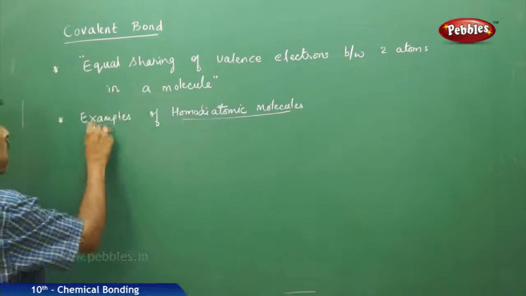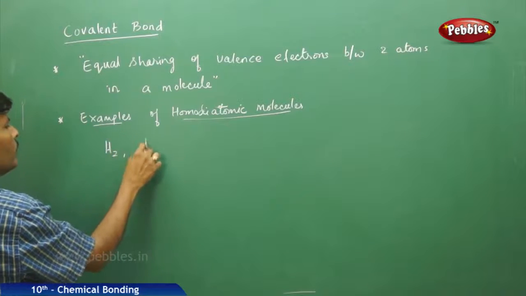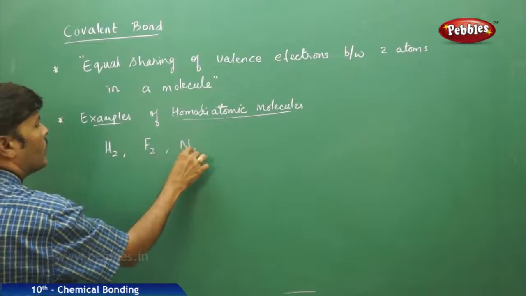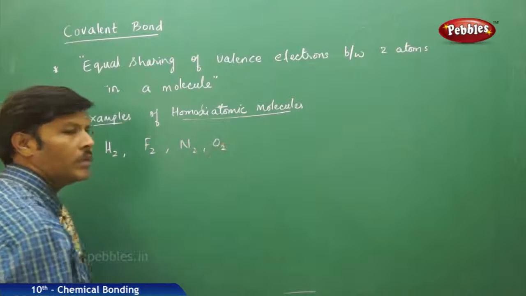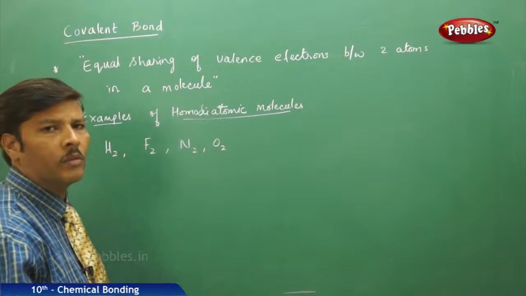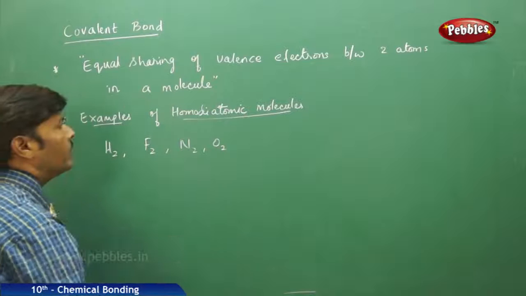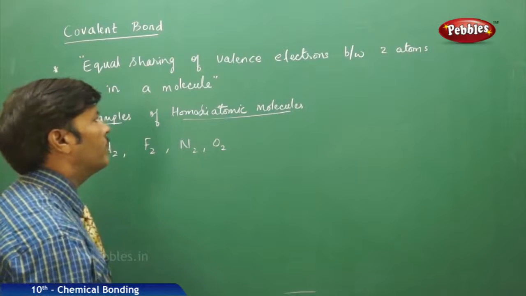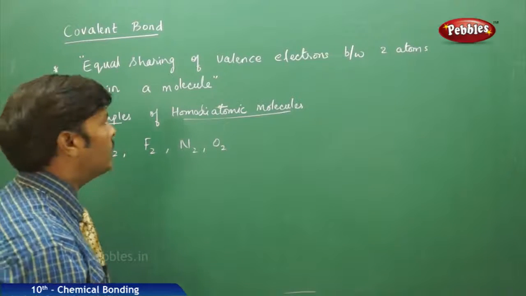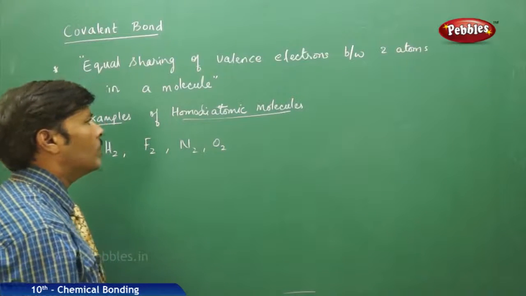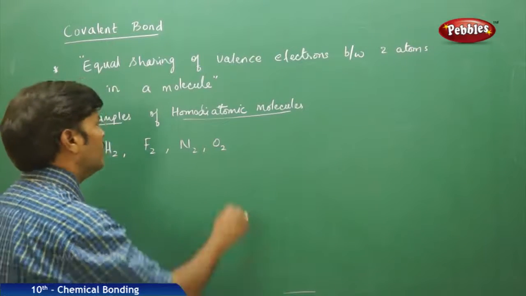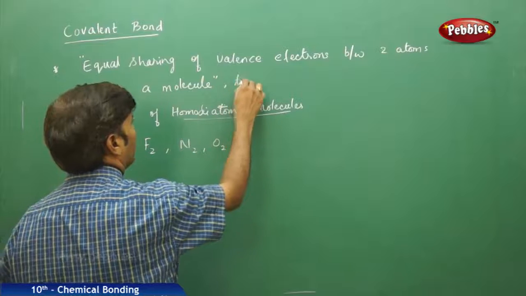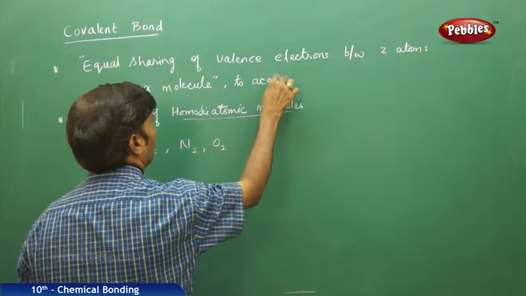Examples you can take are H2, F2, N2, O2. All these are homodiatomic molecules. And here, when we say equal sharing of valence electrons between two atoms in a molecule, the sharing is done between two atoms of their valence electrons, just to acquire stability.